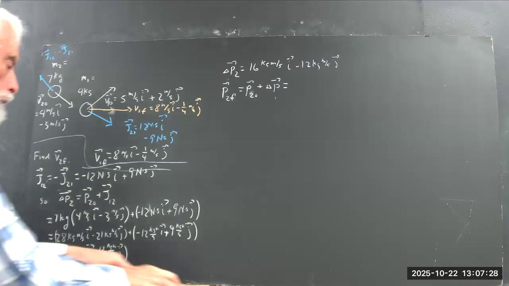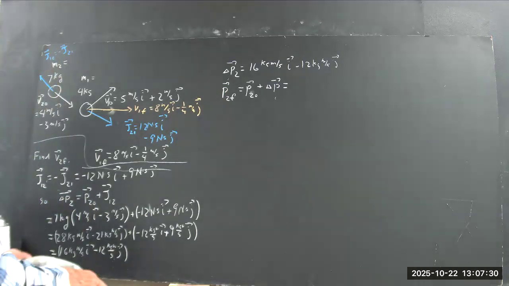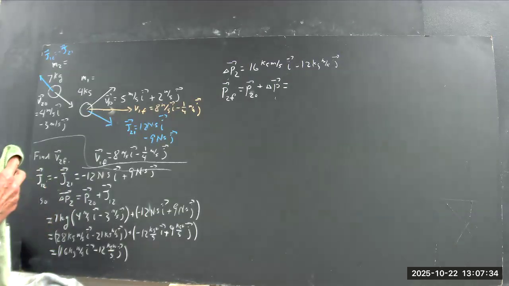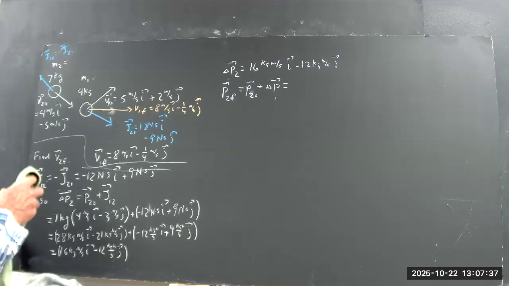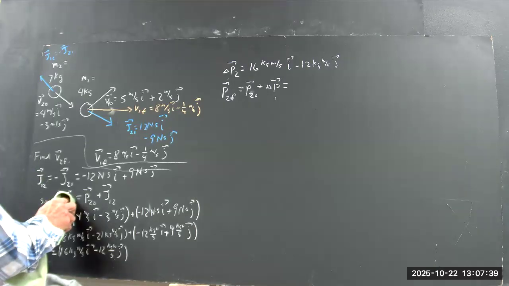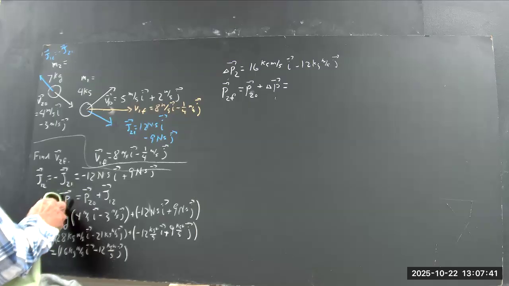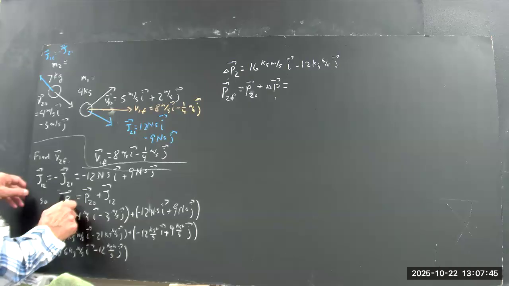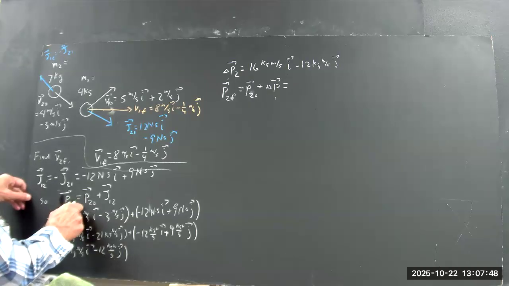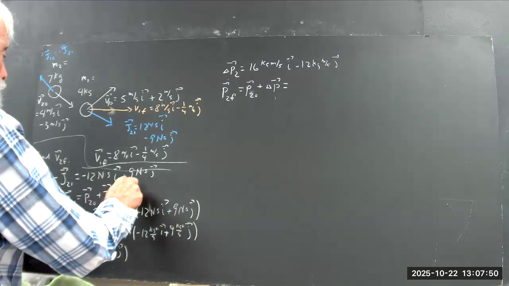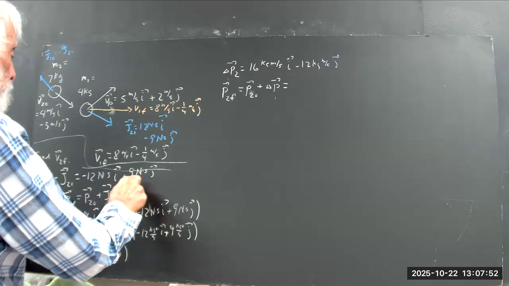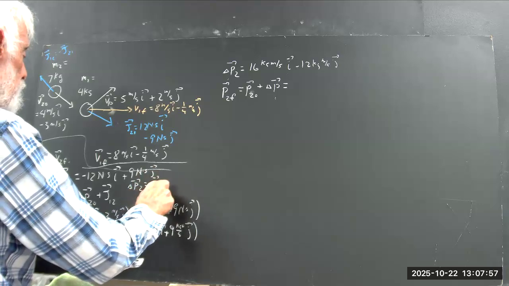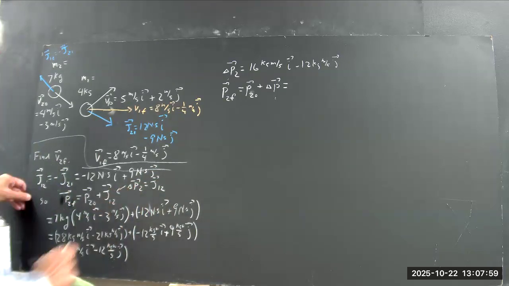I'm sorry, I have a notation error when I wrote down here. This should not be delta P2. This should be P2F because J12 is J12.